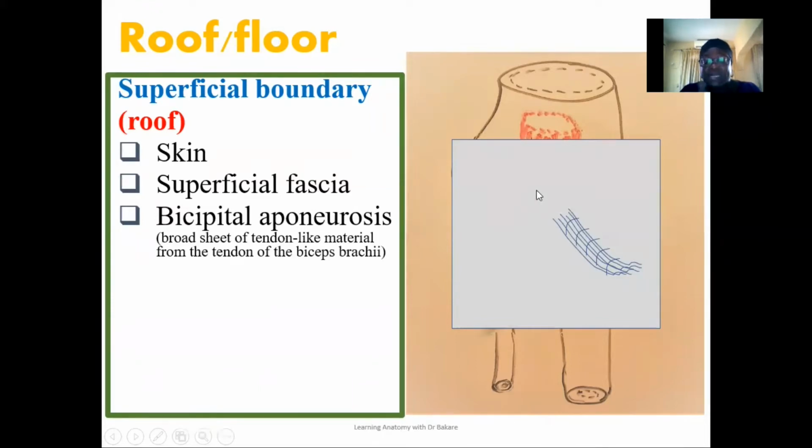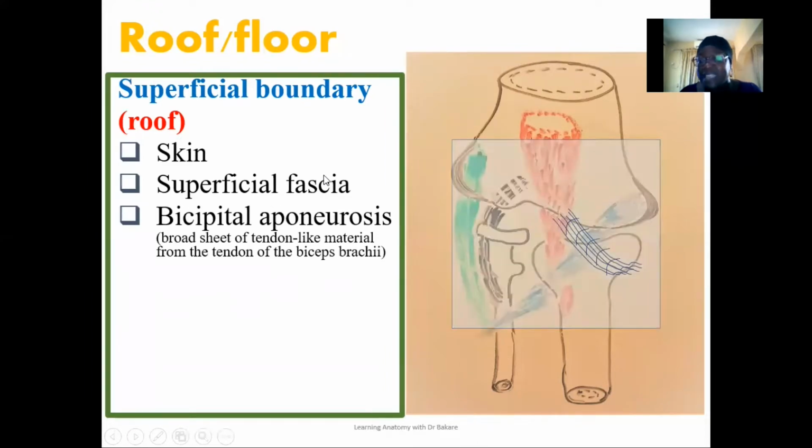We know that the biceps brachii muscle is seen in the anterior arm, and of course, it extends distally towards the forearm region. At its distal end, it is continuous as a tendon. This tendon tends to form a broad network of sheets that underlies the superficial fascia. That is why we have the establishment of these three structures forming the roof of the cubital fossa.